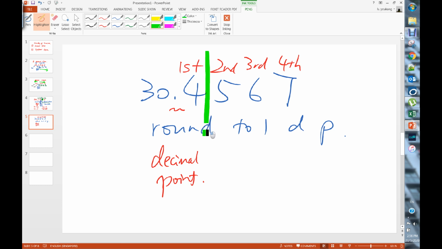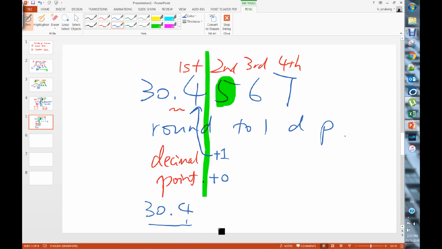Now the question you ask yourself is whether you round up, whether you plus 1 or plus 0. In this case, it's plus 1. What is the reason? Because 5 or more is plus 1. Correct. You add it to 4, so you end up with 30.5. Remember, the 1 only applies to here.